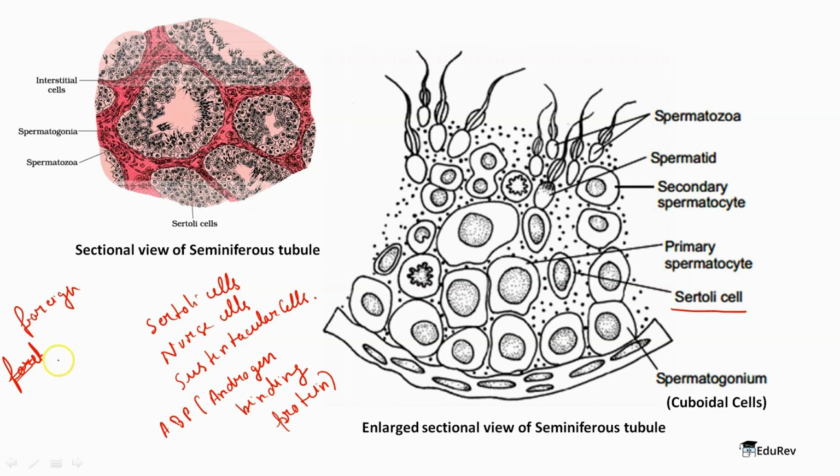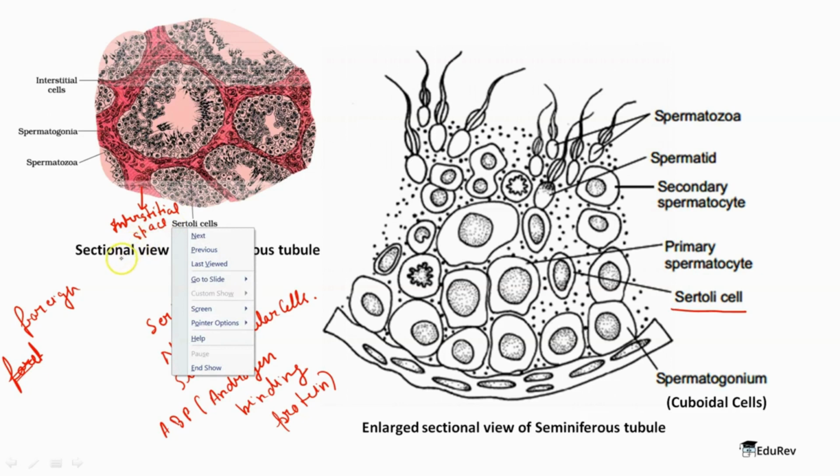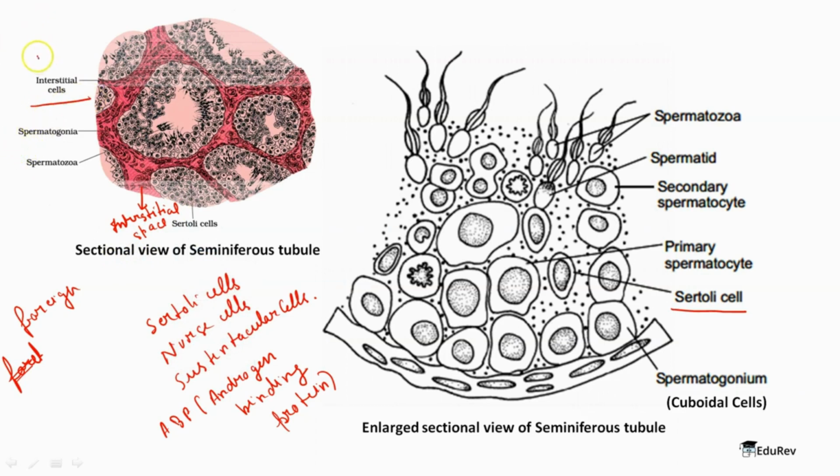The space between the two seminiferous tubules is known as the interstitial space, right? And a special type of cells are present inside it, known as interstitial cells. These cells can also be called Leydig cells.